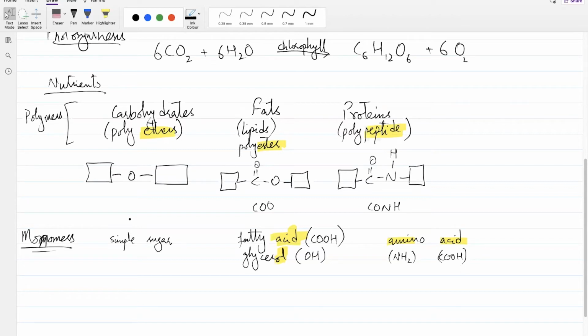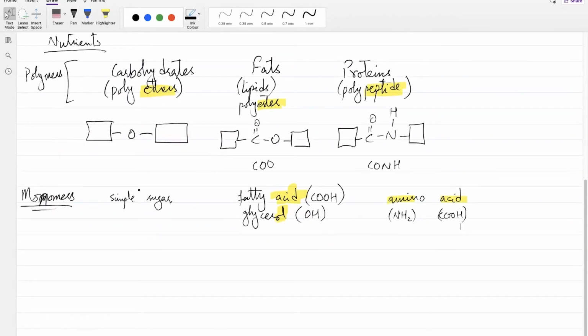Passing electricity. I'm sorry? Passing electricity. No, that's electrolysis. Hydrolysis is when you add water. So condensation is when you remove it, and hydrolysis is when you add it. Okay, so what we are going to do is we're going to add water to break this up, and we're going to remove water to make this.